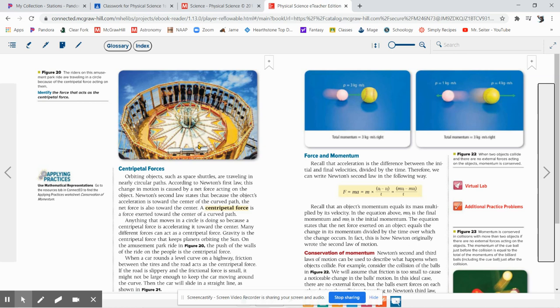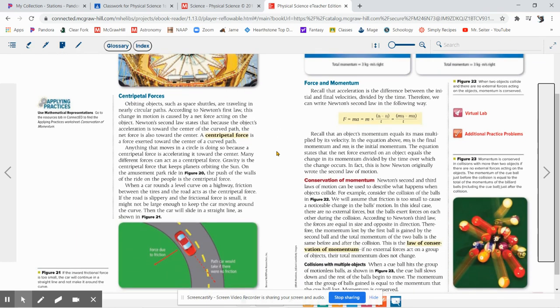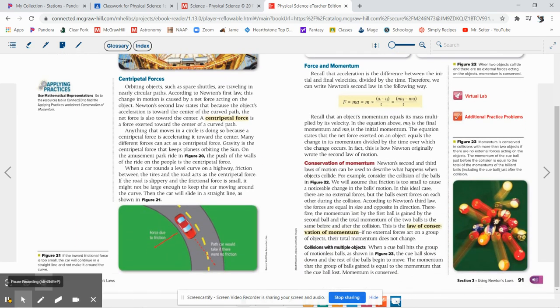Centripetal acceleration is acceleration on a curved path. Centripetal force is that force you feel as you're being pulled towards the center of the object. You also feel this centripetal force and acceleration when this car is going around a corner. As it's turning around a bend in the road, you feel that centripetal force pin you to the outside wall.